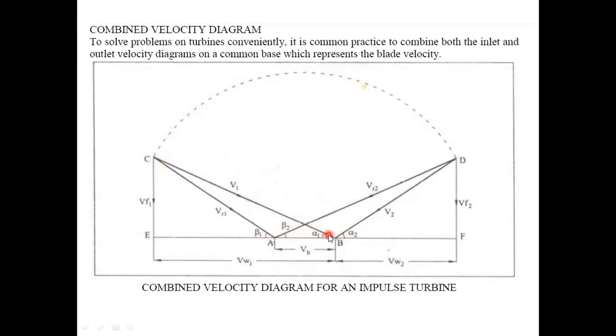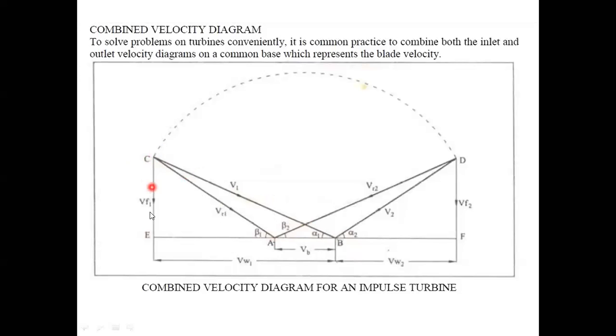Since we know alpha 1 and this V1 velocity, mark point C and join this point to A. This triangle ABC is completed.